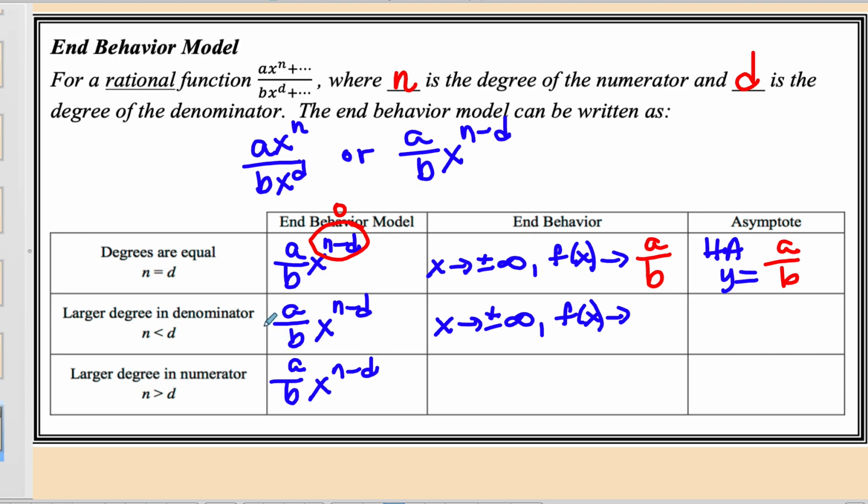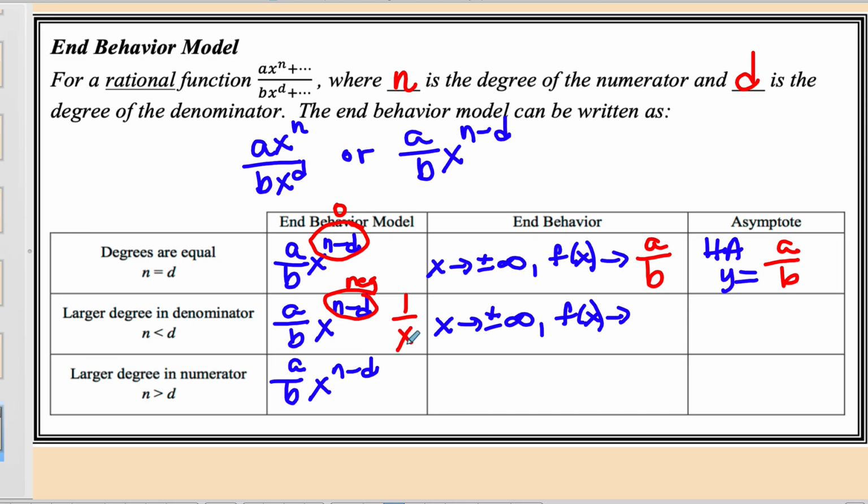Now, if the degree in the denominator is larger than the degree of the numerator, this is going to be a negative value. And when that is a negative exponent, that means x is going to be in the denominator. So it'll be something like 1 over x to some power, whatever that power is.